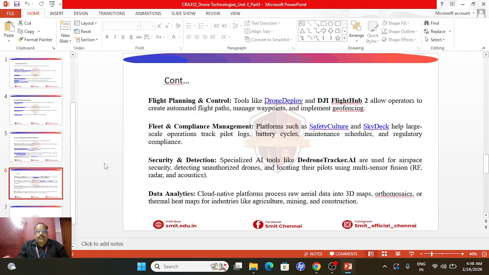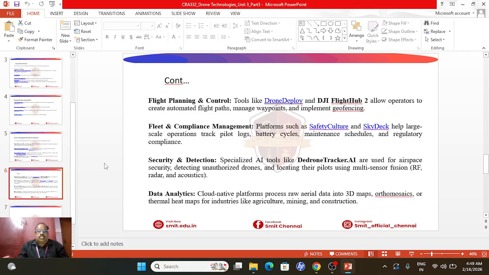Finally, data analysis is also one of the tools in the management system under the drones. Cloud native platforms process raw aerial data into 3D maps, orthomosaics or thermal heat maps for industries like agriculture, mining and construction.